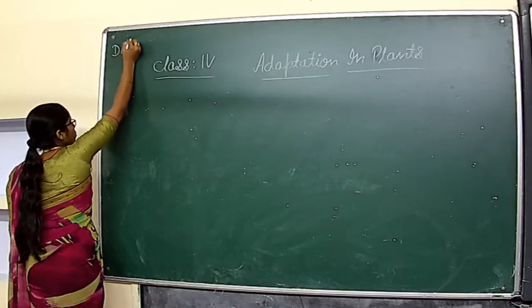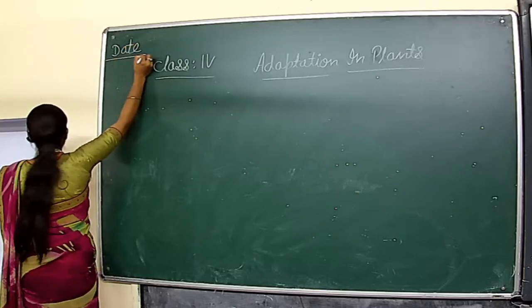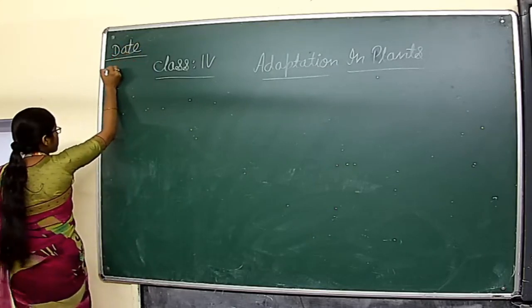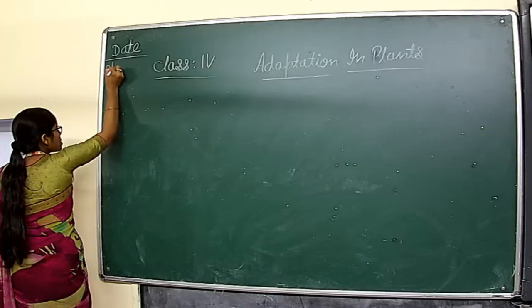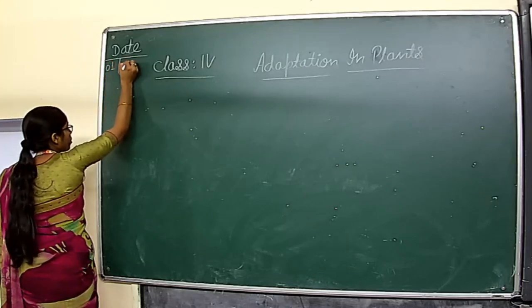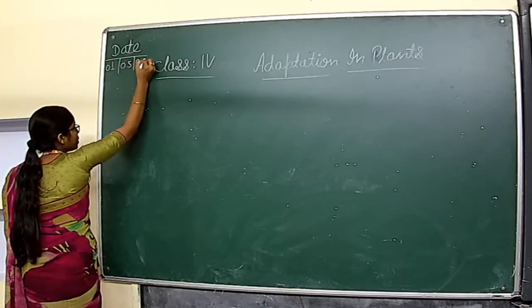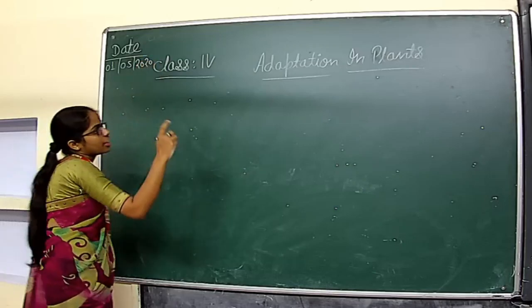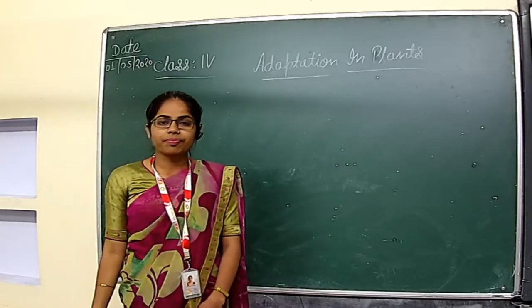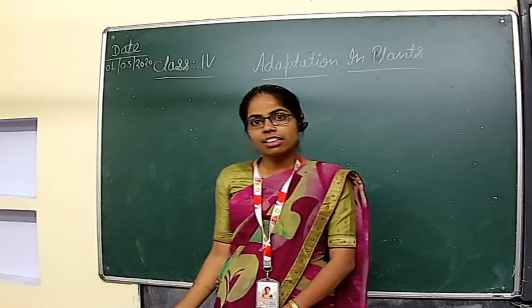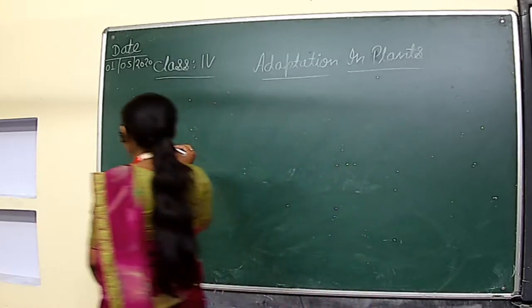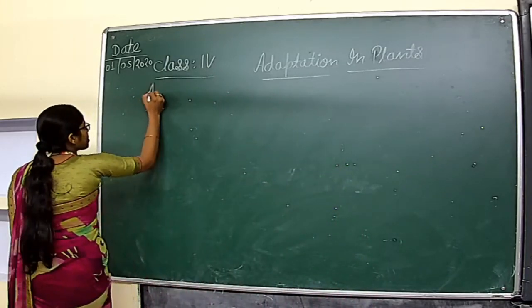Don't forget to write the date. Today is 1st May. Write the date, then the chapter's name, and then the first exercise, fill in the blanks.